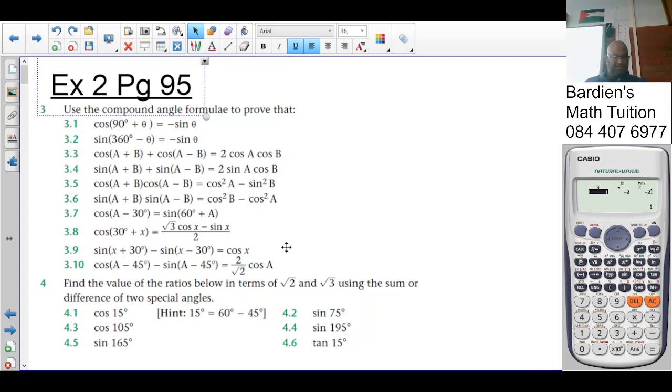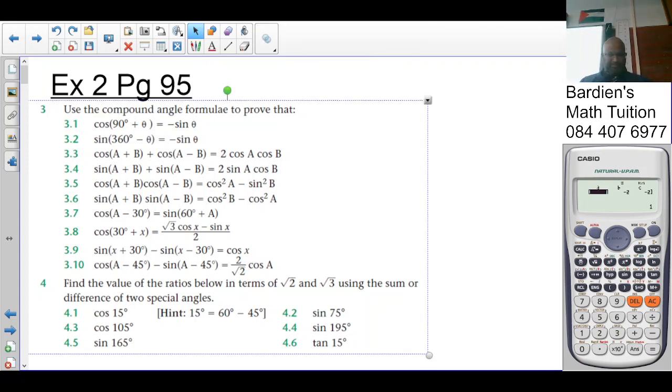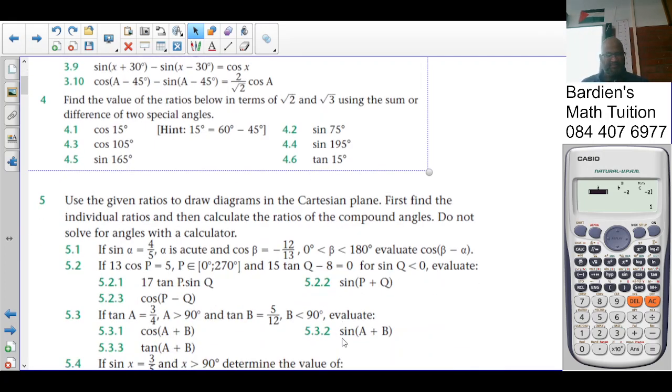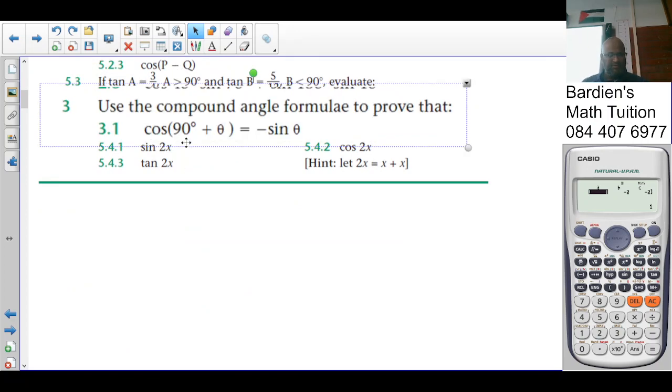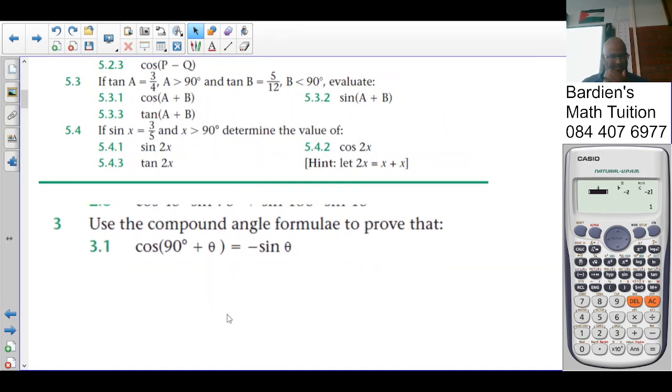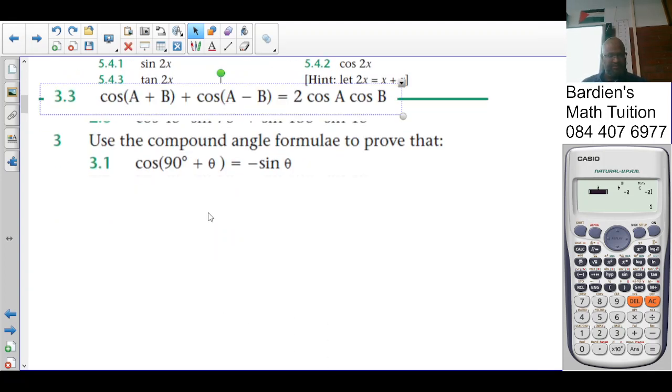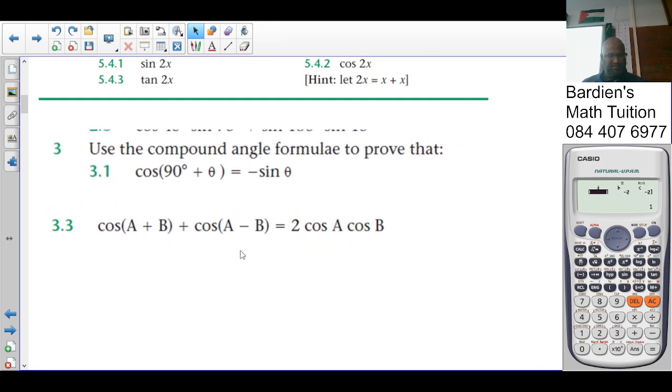Okay, this is cut. The top part of this looks ugly.